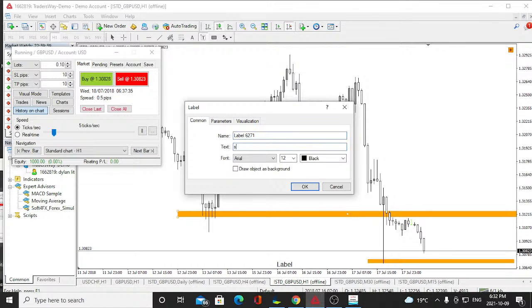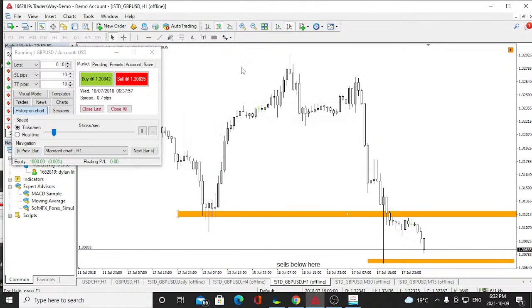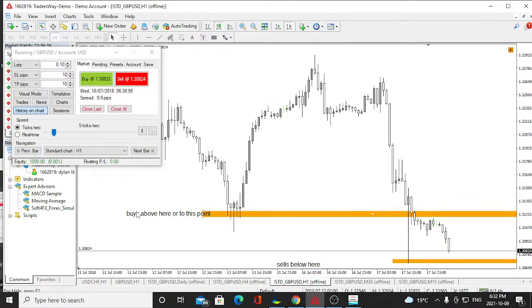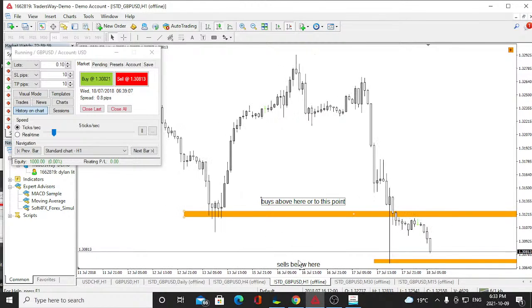We can say sells below here, and then we can say buys, maybe buys above here or to this point. So let's see how this will pan out. So this point, and then sells below here.